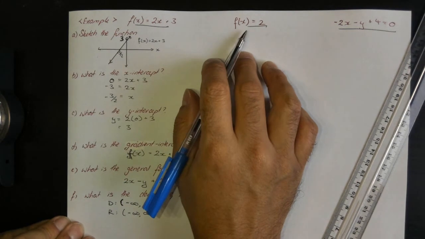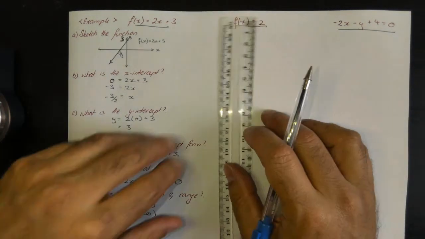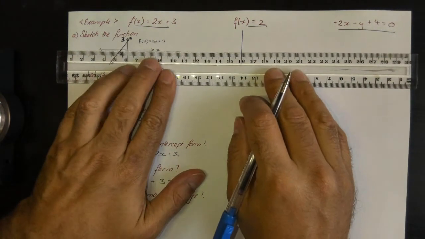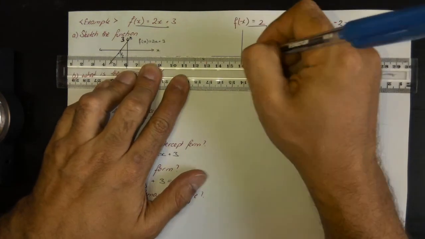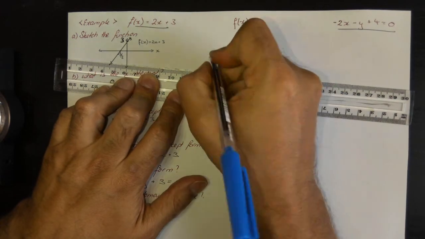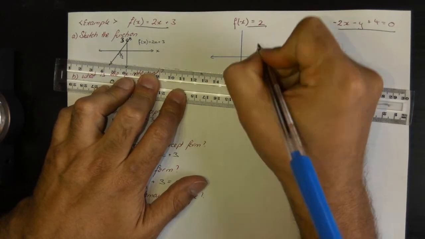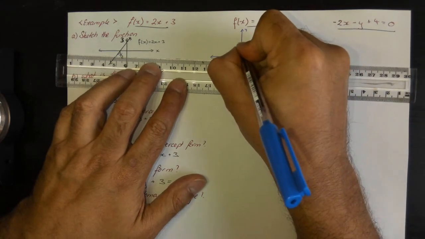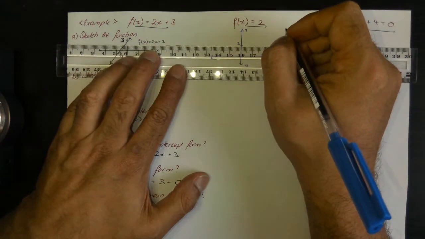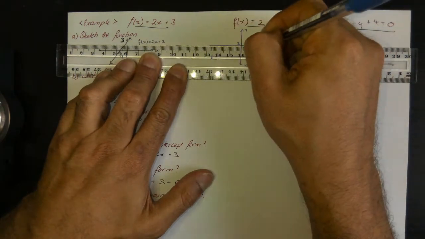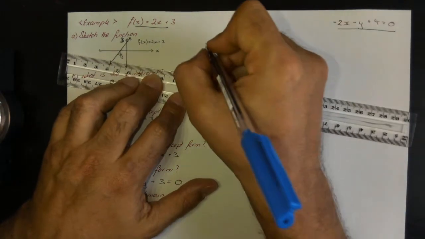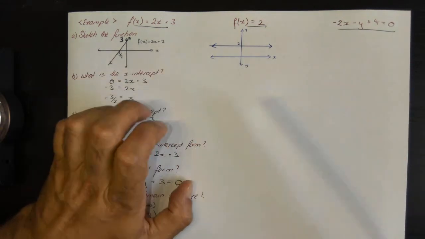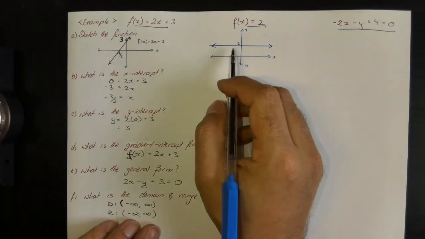We've got this y equals 2. So what happens is this is just purely a straight line at y equals 2. So here's my sketch. This is the x axis, there's my y axis. Here I've got the point y equals 2. So for all points of x, I'm going to produce a value of 2.